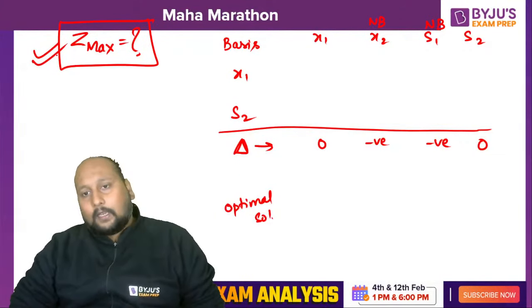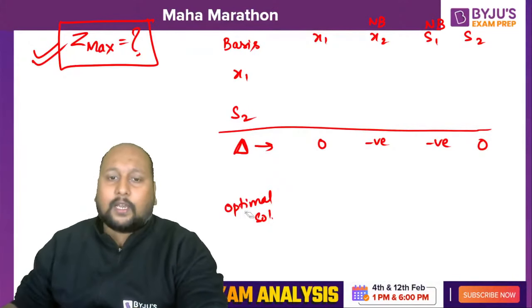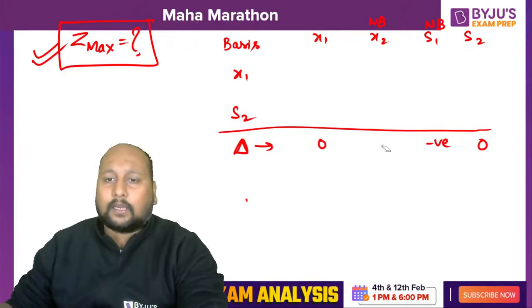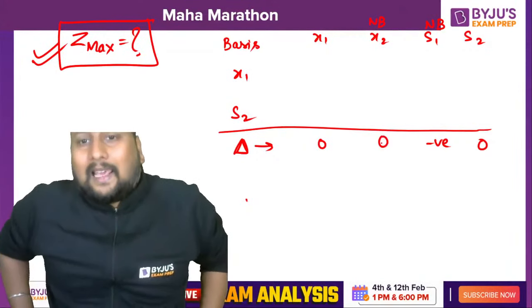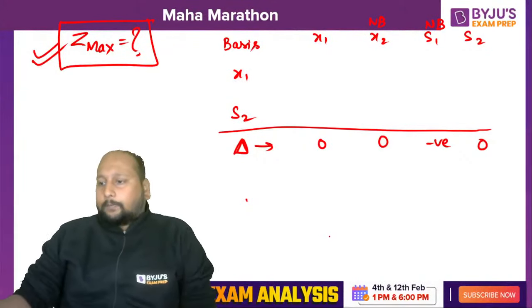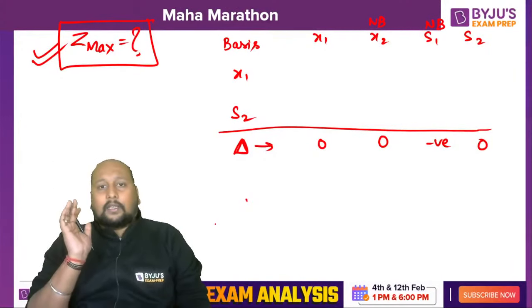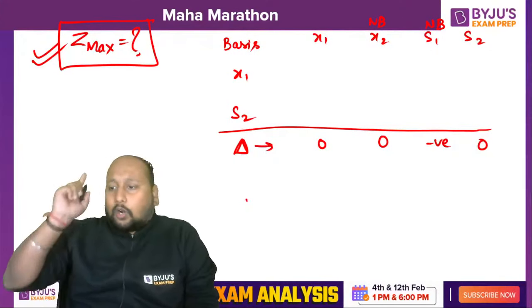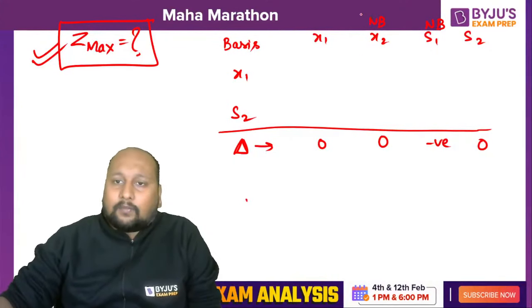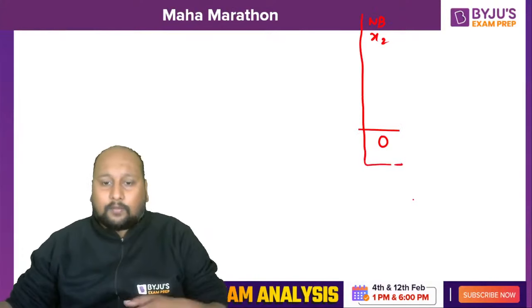Okay, fine. Now let us suppose I'm having one more scenario, something like this. Tell me, is this solution optimum or not? I'm having a condition like this. So always we try to identify the non-basic variables.